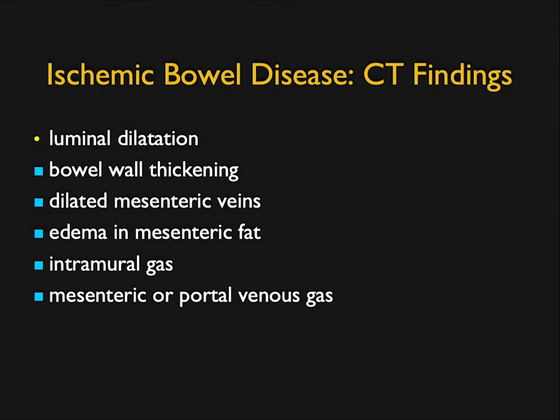What we think about as signs is minimal dilatation. Early on, it's not very specific. You can see bowel wall thickening, dilated mesenteric veins. You could see a hazy mesentery, a misty mesentery, whatever you'd like to call it. Then when you see intramural gas or portal venous gas or mesenteric gas, then you know you have a significant problem.